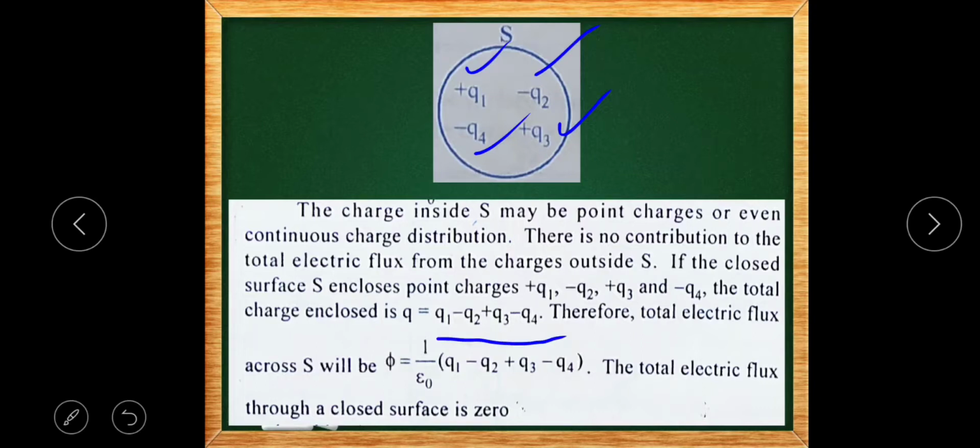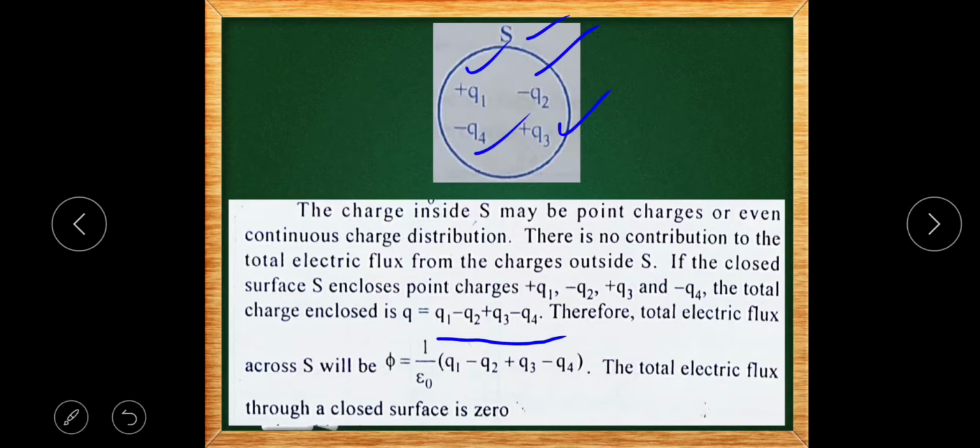Will you agree? Now the total electric flux through this closed surface S can be written as phi equal to 1 by epsilon naught into the total charge enclosed, that is q1 minus q2 plus q3 minus q4. If the magnitudes of these charges are the same, then the total electric flux through the closed surface is 0.